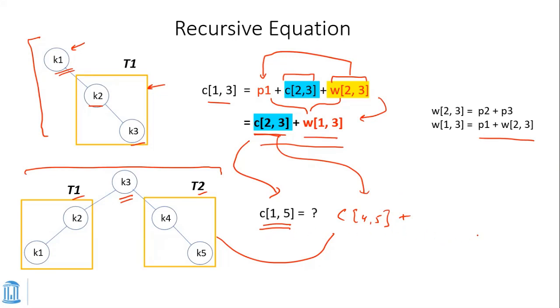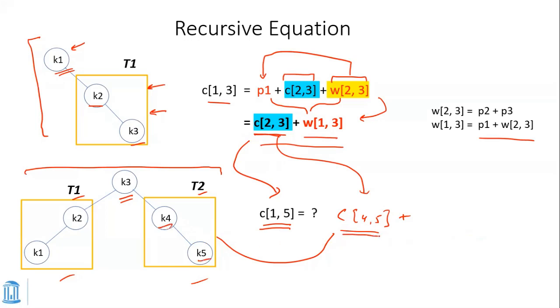So now, if you have refreshed yourselves on what this cost actually means, can somebody tell me what the recursive equation is where you have a left subtree and a right subtree? C45 is basically saying it should still have the cost of the right subtree involved, which is now for keys 4 to 5.